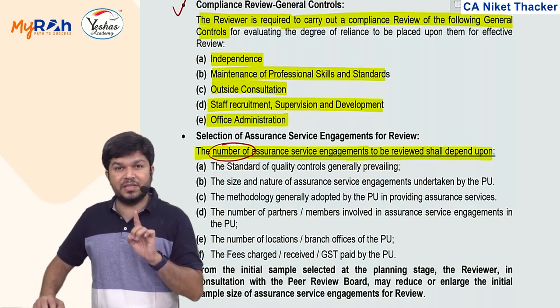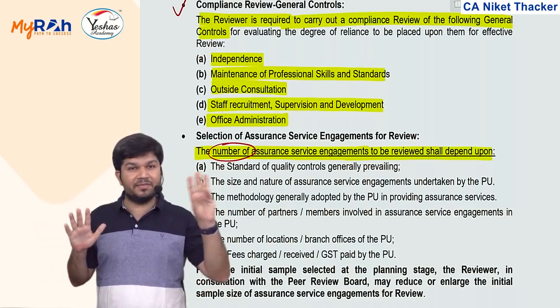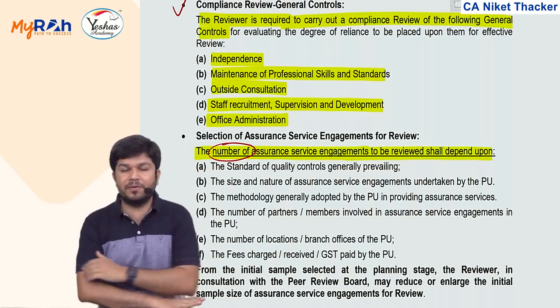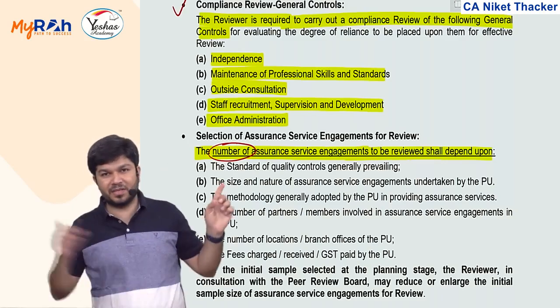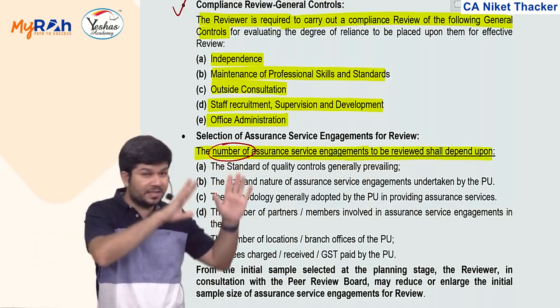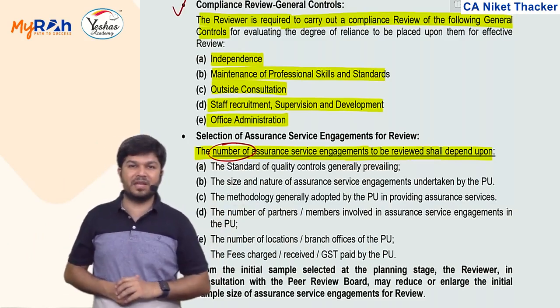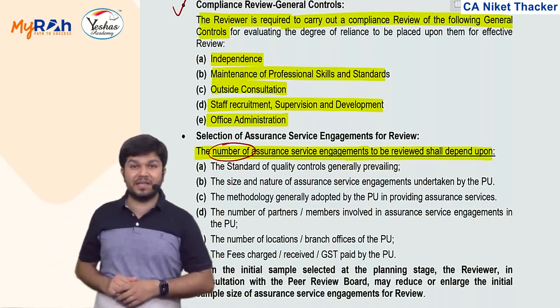Now, initially, based on the questionnaire, I selected 3 files, but after seeing your controls, I feel I have to check more. I come over here, I see these general controls. I feel general controls are weak. Now I feel I want to check not 3 files, 5 files.